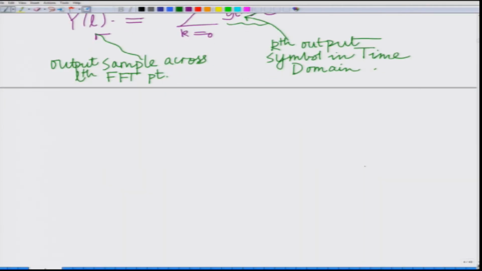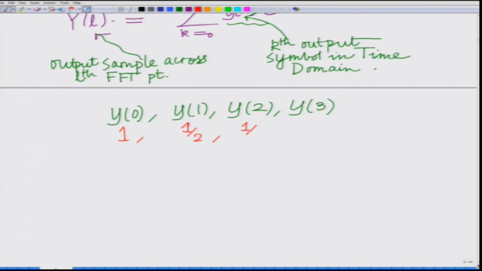Okay. And now, we have already calculated this FFT before, so I am not going to repeat that. y0, y1, y2, y3, which are basically 1, half, half, 1, and we take the n equal to 4 point FFT. This is something that we have already seen in the context of OFDM, the n equal to 4 point FFT, I am sorry, not IFFT, of the received output samples, as calculated previously.